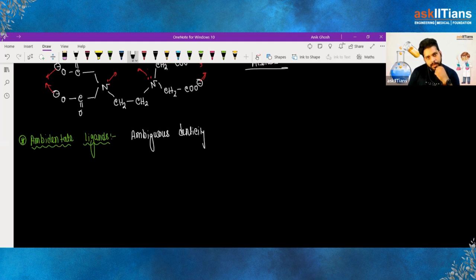Now, what is the meaning behind ambiguity, guys? Exactly the way it sounds. Ambiguous denticity means indecisive denticity. Overall, the ambidentate ligands are generally considered as monodentate.